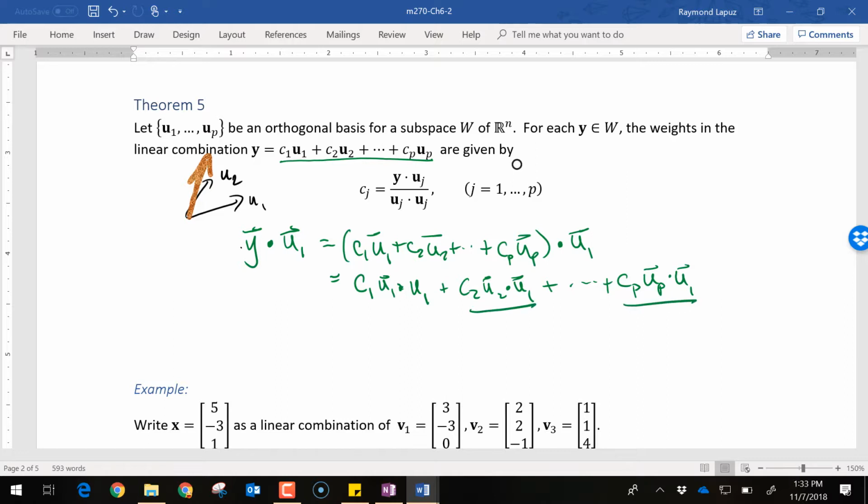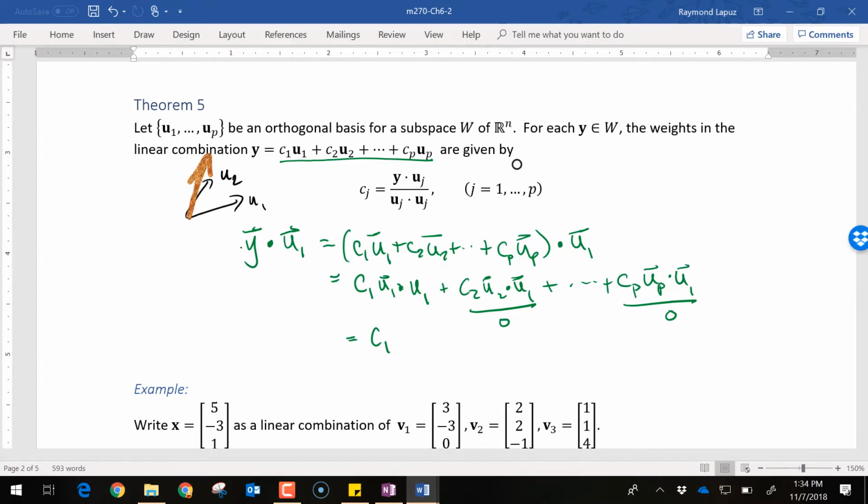Yeah. So these are all equal to 0. Everything there. Why? Because we have an orthogonal set. U1, U2, U3, all the way up to UP are all orthogonal to each other. So all those are going to disappear.